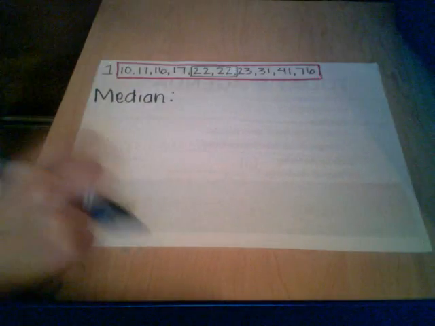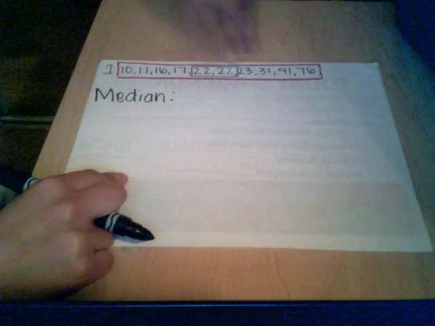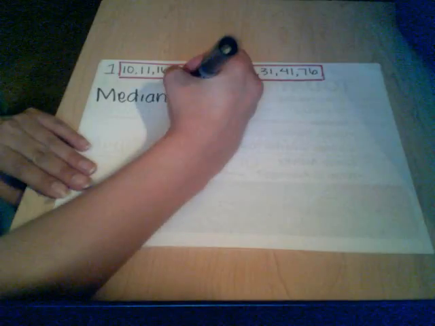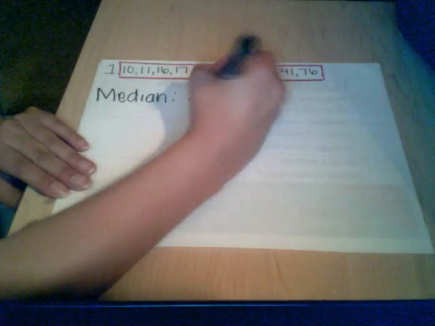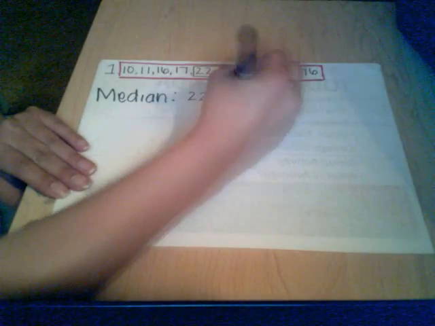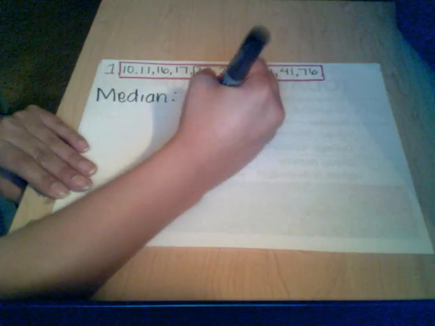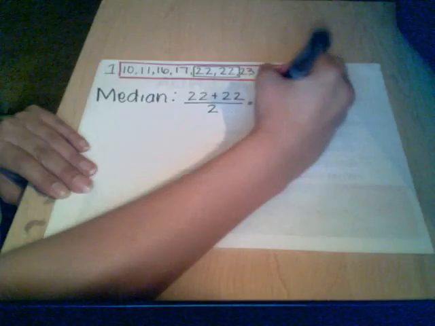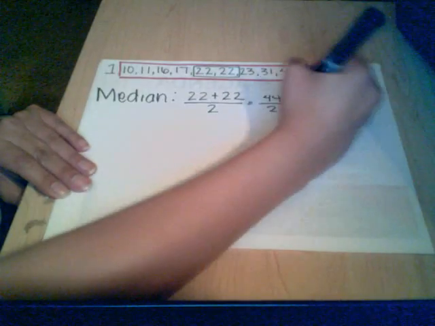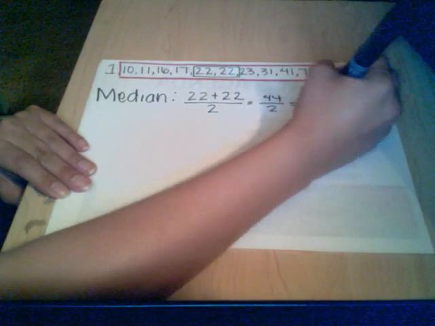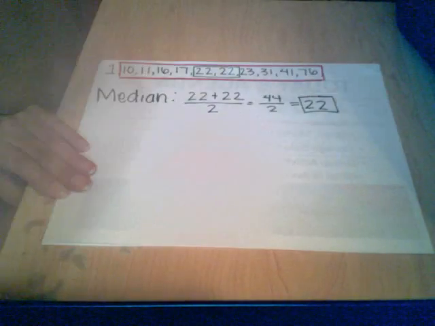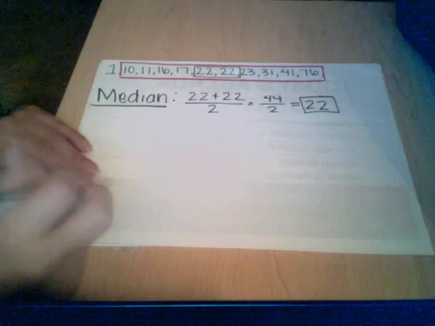In this case, we take the two numbers in the middle. They are the same number, 22, and we add them and divide by 2, which is 44 over 2, which equals 22. So our median is 22.